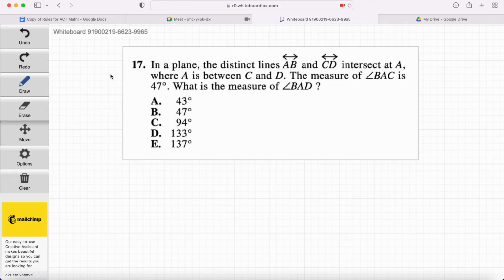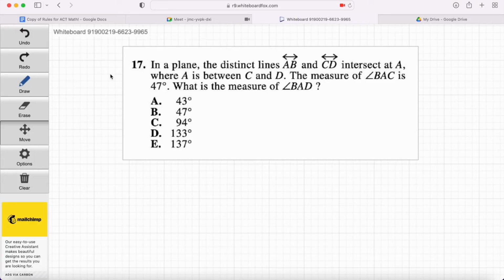So let's draw these lines. Is this like the other question with the crazy triangle? It feels like it, but I just need to see it. We've got two lines, AB and CD. They intersect at A. A is between C and D. Let's start with one line. Draw me a line.